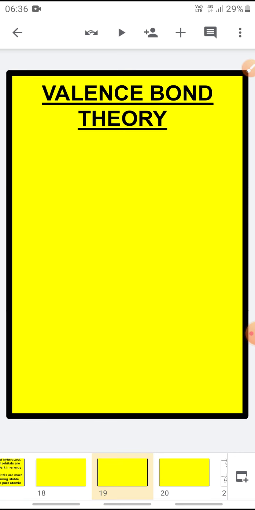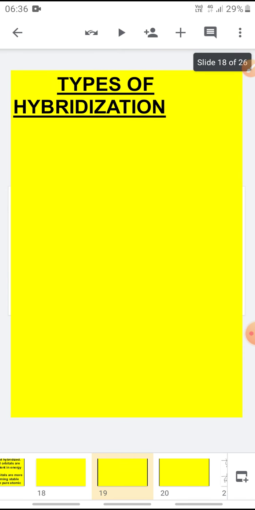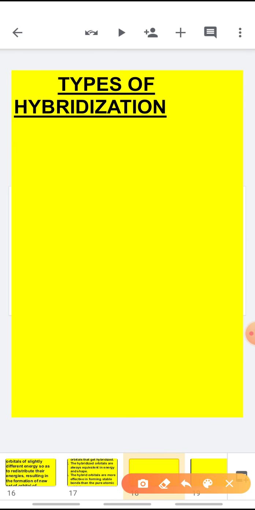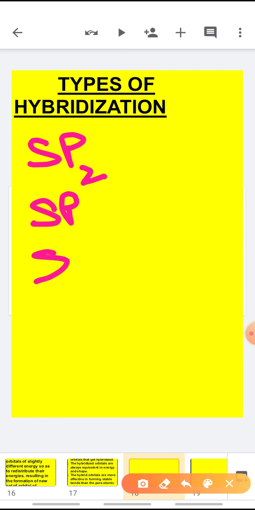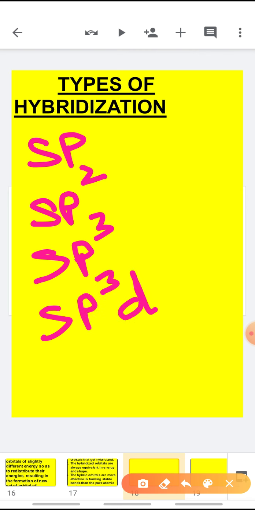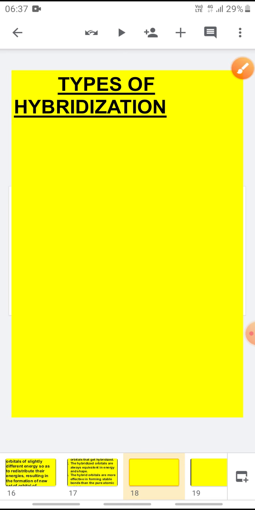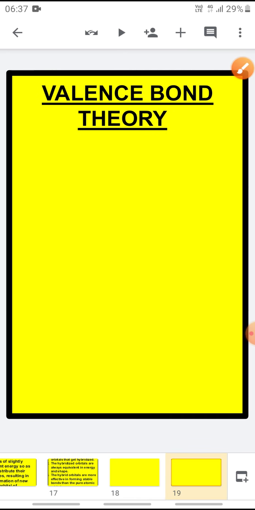Hybridization we have already discussed in the previous presentation, along with its salient features and types: sp, sp2, sp3, sp3d, dsp2 and sp3d2 hybridization. So today is your valence bond theory, and we'll be discussing the orbital overlap criteria.